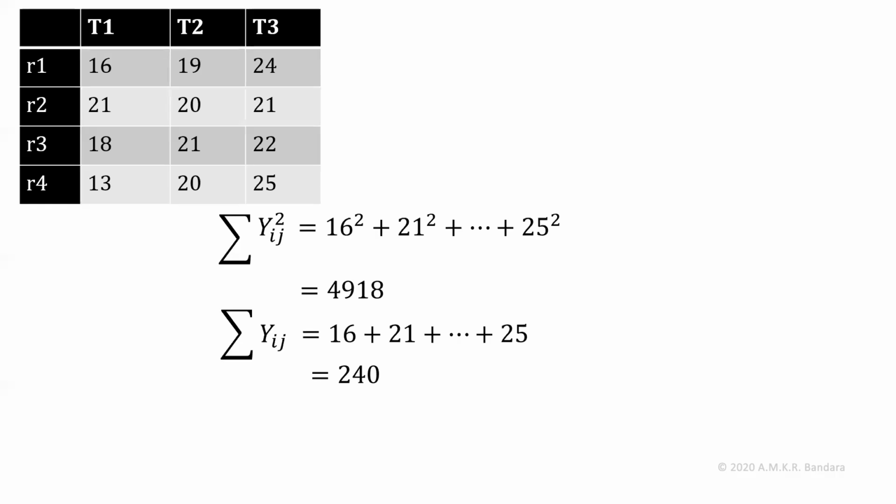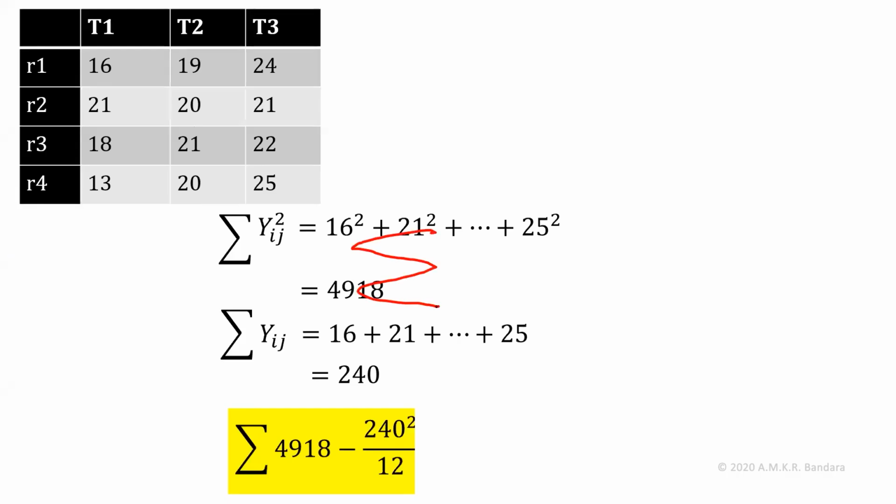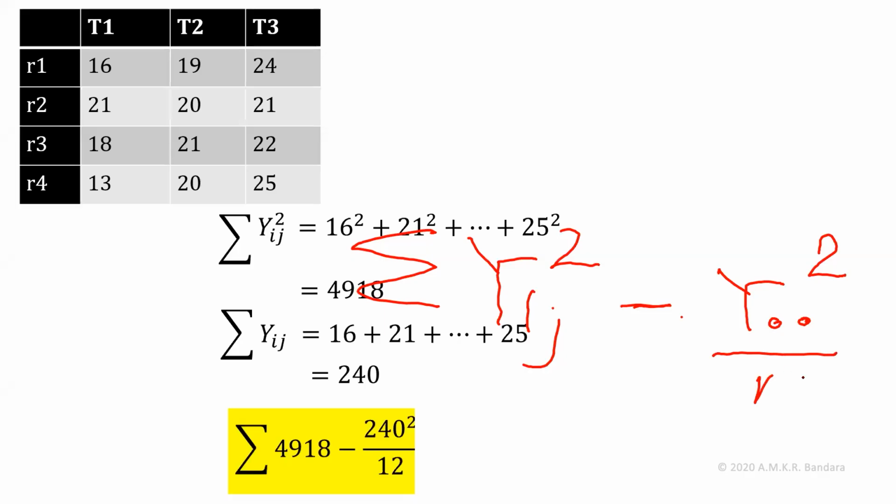Now you can calculate the total sums of square of this data set using our formula, that is summation yij square minus y dot dot square divided by n.